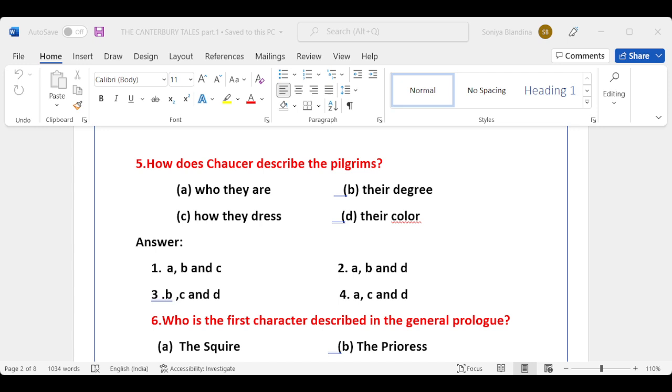The options are option number 1, A, B, and C. Option number 2, A, B, and D. Option number 3, B, C, and D. Option number 4, A, C, and D. It is number 1, A, B, and C. Chaucer describes the pilgrims using who they are, their degree, and how they dress. Instead of dress, the word array, A-R-R-A-Y, is used in the original text.